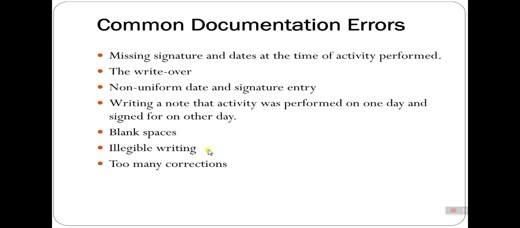Blank spaces and illegible writing can be an error, and too many corrections. If there are too many corrections in the document, even this is an error, right? So we should always take care of all these mistakes, take the signature, and be particular about the date, right?